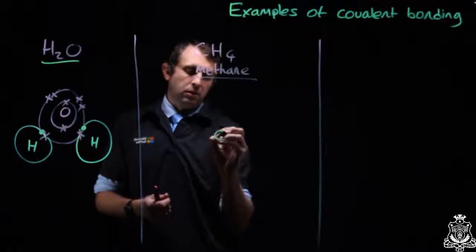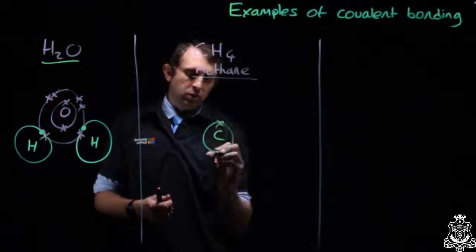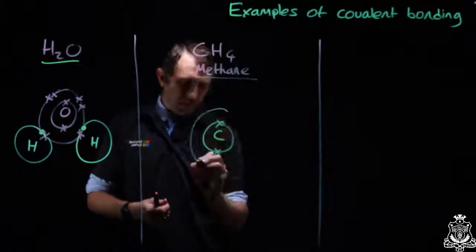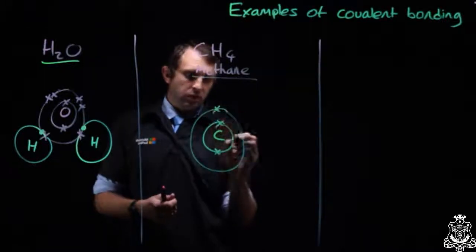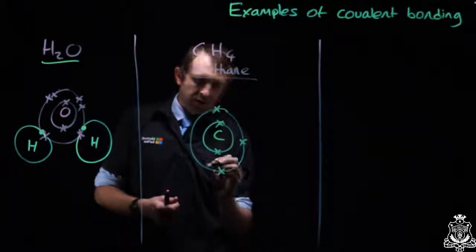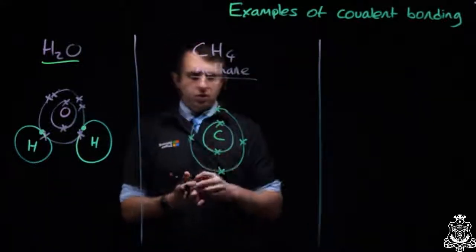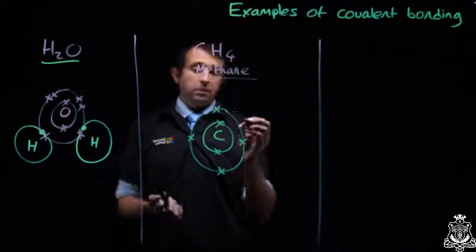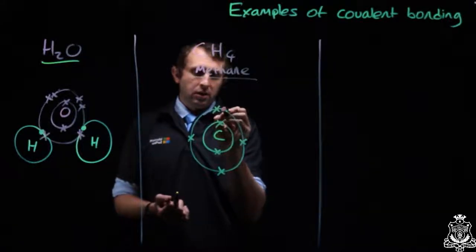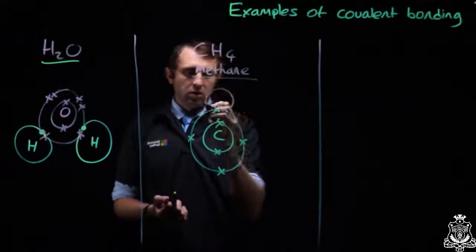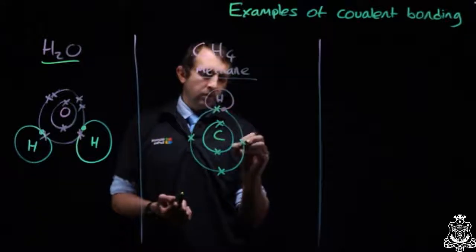So carbon has 2, and then the outer shell has 4 electrons. It wants to have 8 to be nice and stable. Because it's a non-metal, and hydrogen's a non-metal, we're going to have covalent bonding. So it's going to share these with hydrogen.